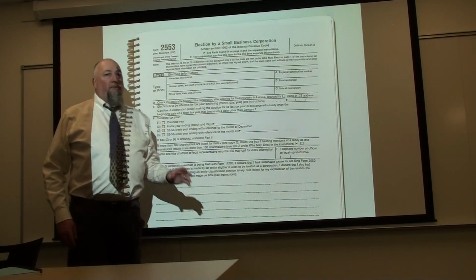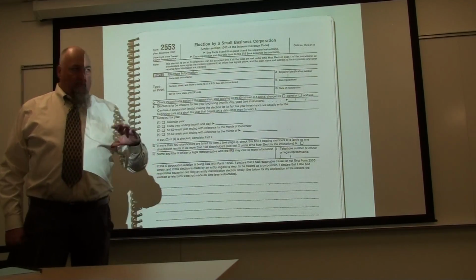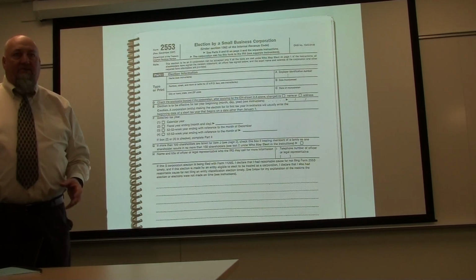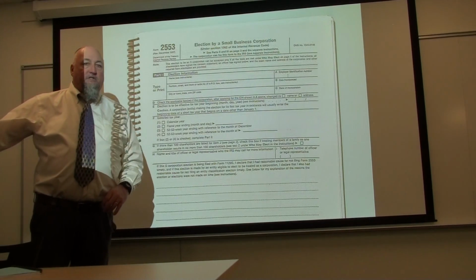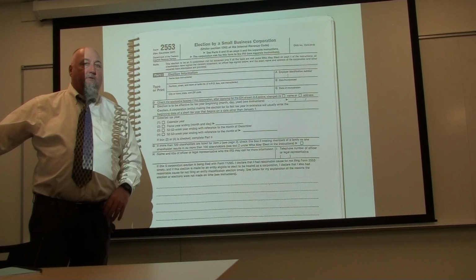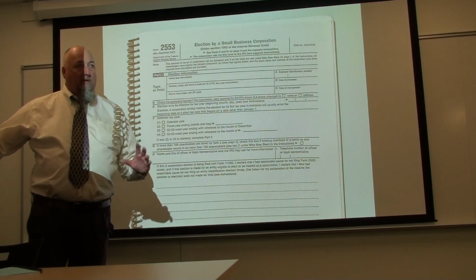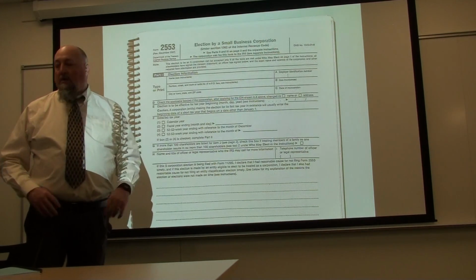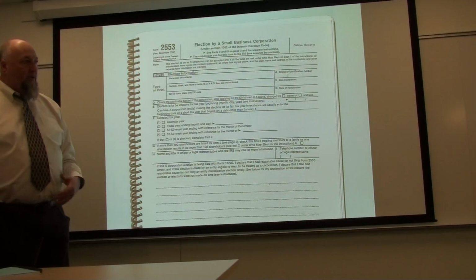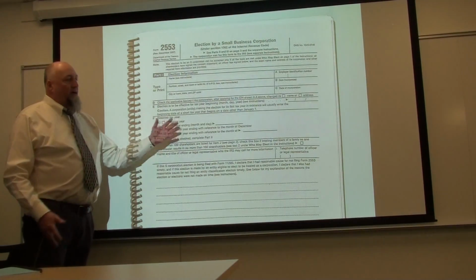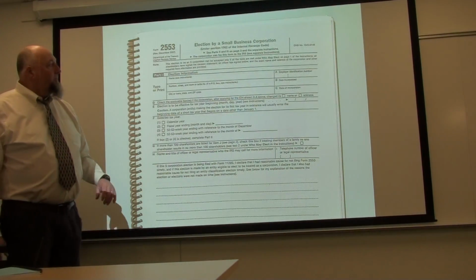So this is a form if you want to be an S corporation, not subject to corporate tax. You have to file this form with the Internal Revenue Service within 75 days of when you start the business. Or if you want to convert to an S corporation, you would file it afterwards.